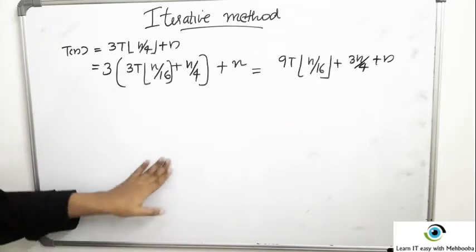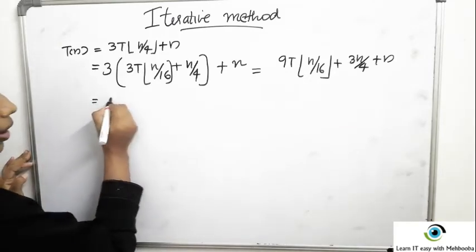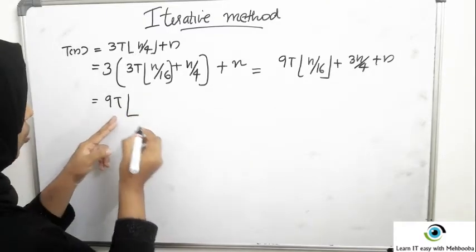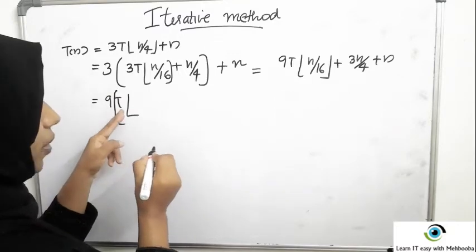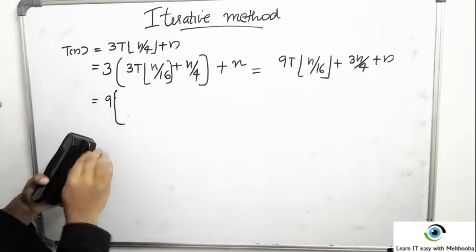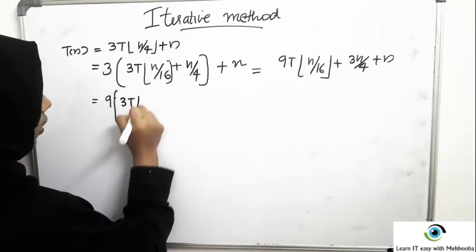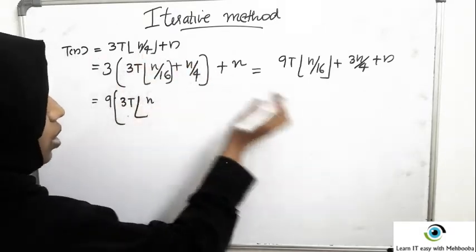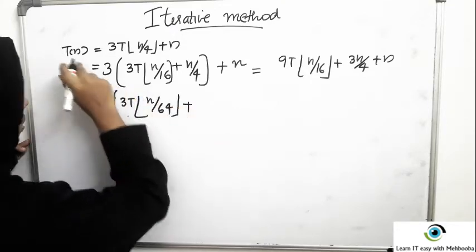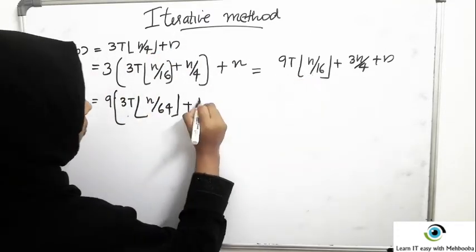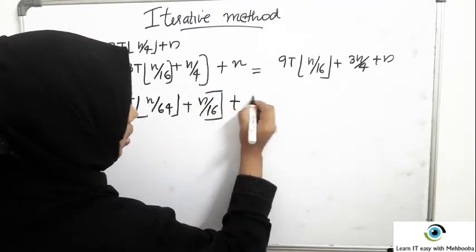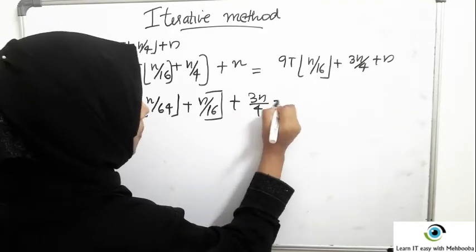Now we have to expand n by 16. When we do that, we are taking 9 out. Now T of n by 16 is 3T of n by 64 plus n by 16, plus the remaining terms 3n by 4 plus n.